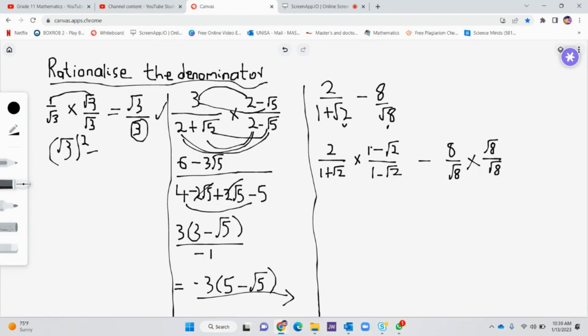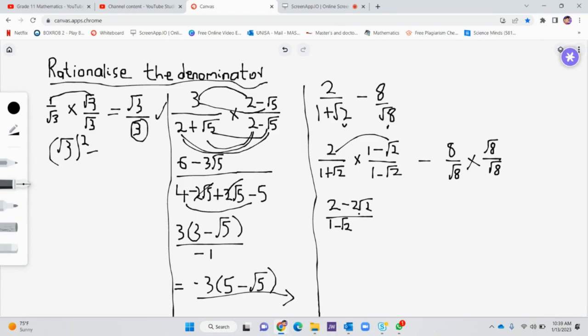Okay, 2 times 1 will be equal to 2, and 2 times minus root 2 will be minus 2 square root of 2. And in the denominator, 1 times 1 is 1. 1 times minus square root of 2 is minus square root of 2.